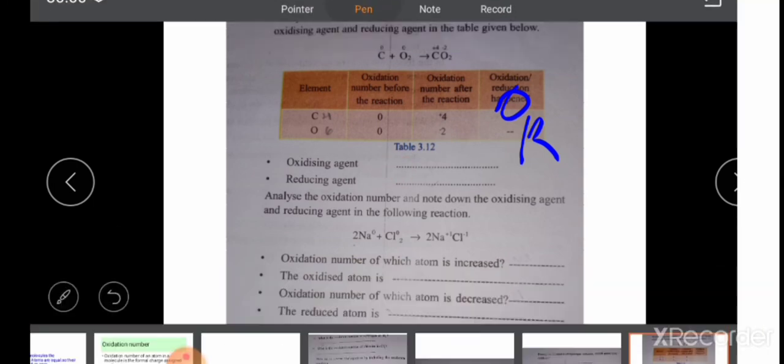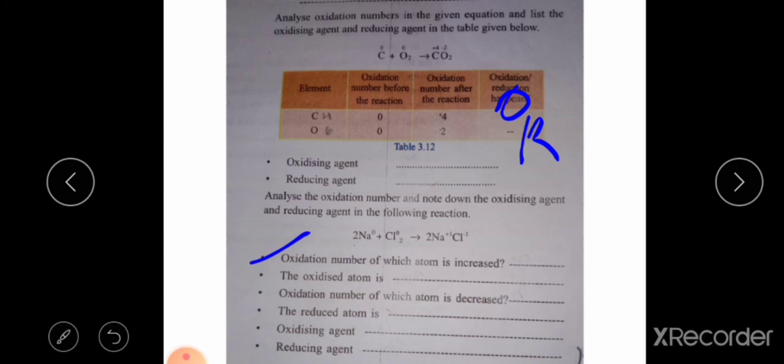Now we have to find out which atom undergoes oxidation and reduction. Oxidation number of which atom is increased? Sodium 0 to +1 and chlorine 0 to -1.